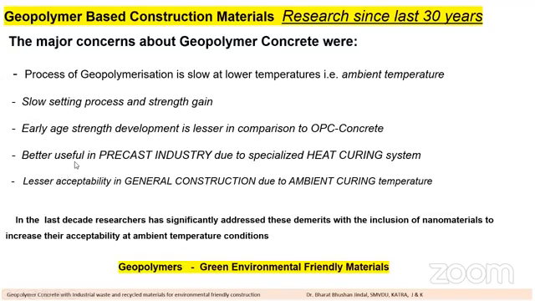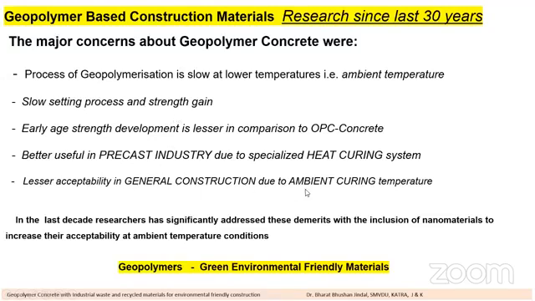But it can be better utilized in the precast industry, because in the precast industry you have enough funds and you can develop a specialized heat curing system. By heat curing, you can accelerate the geopolymerization as well as the early strength, that means you can speed up the setting process.